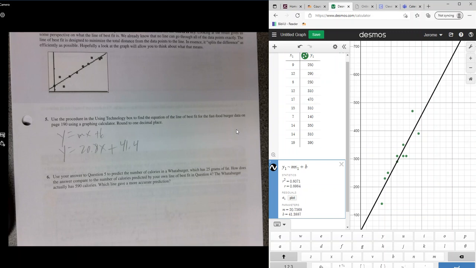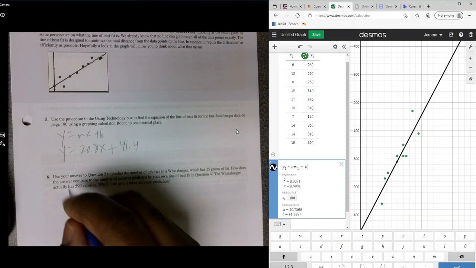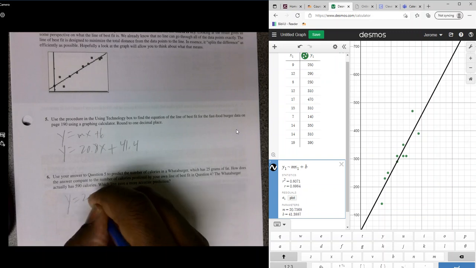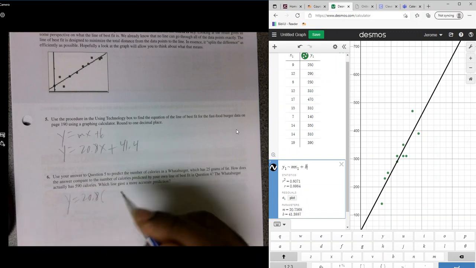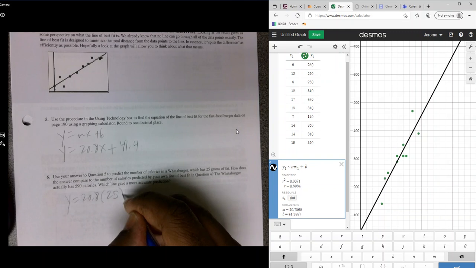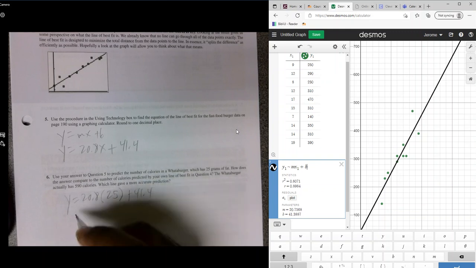Which line gave a more accurate prediction? So first, we're going to go with this equation here, and we're going to put in the grams of fat, which would be 25, times 20.8 plus 41.4. This will end up giving us 561.4 calories.